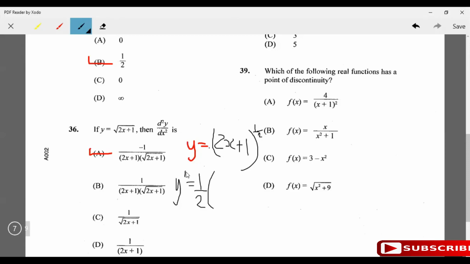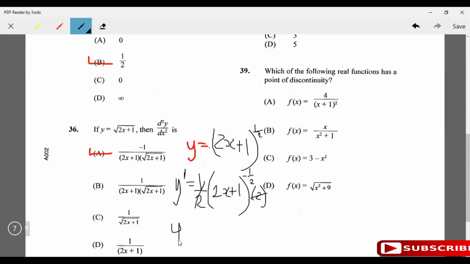Anytime you say prime, it just means first derivative. F prime of x, y prime, call it anything you want. So y prime is 2x plus 1 to the power minus a half, times the differential inside the bracket, which is 2. Now this 2 cancels the half because 2 times a half is just 1.